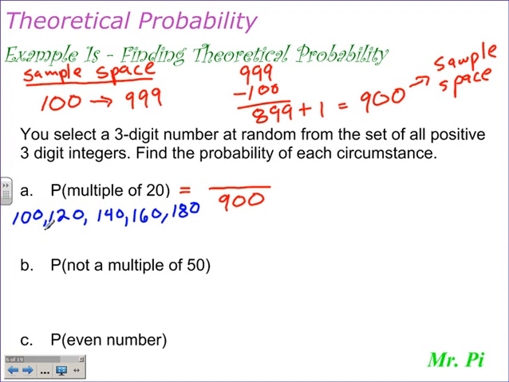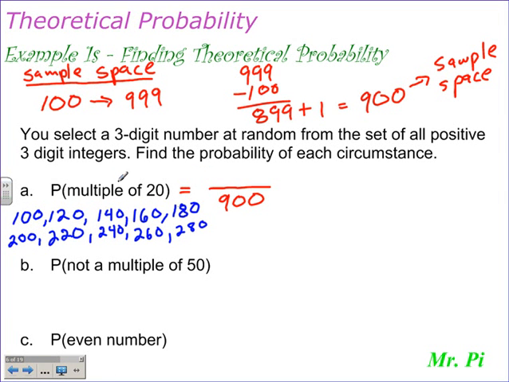We can repeat that process for 200. We'd have 200, we'd have 220, 240, 260, 280. We could do that for 300, for 400, for 500, but there's no need to list them all out because we know for every 100 there's going to be 5, and we have 9 hundreds.